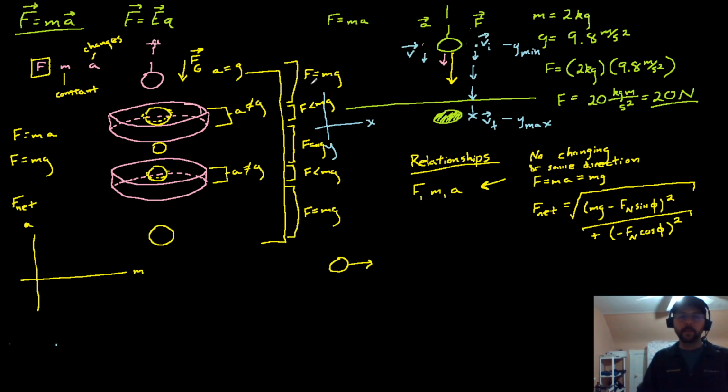In the first part, m is constant. So we have 1, 2, 3, 4, 5. Each one of these tick marks represents m. So from here to here is m, from here to here is m, and so on. But first we start off with the acceleration equal to g, which I'll put up here.